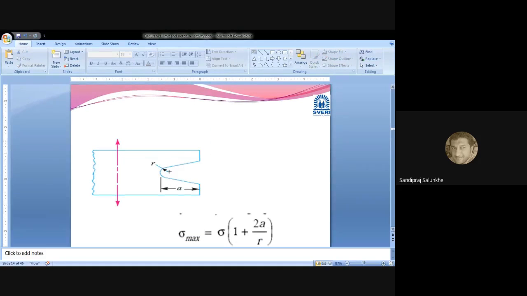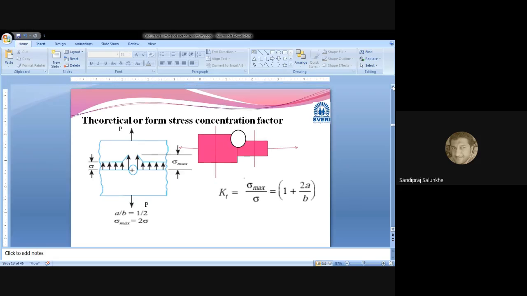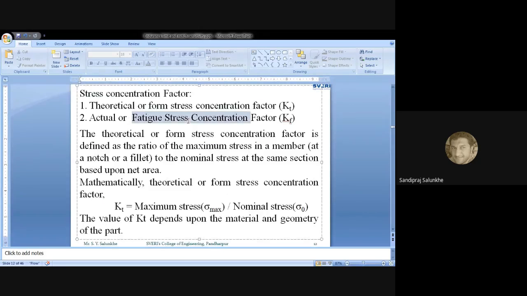That's why we convert it to the actual stress concentration factor or fatigue stress concentration factor, KF. And for that we are going to use notch sensitivity as a parameter.